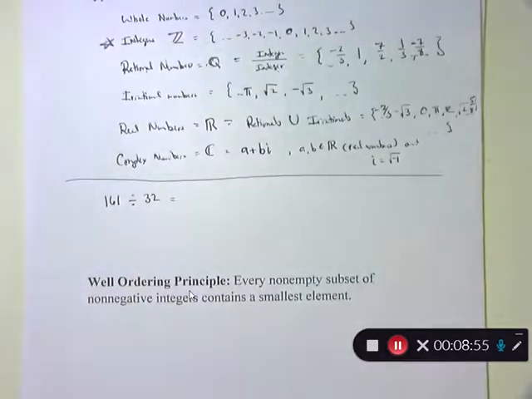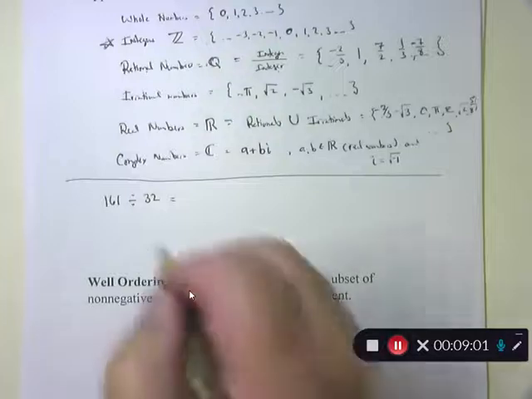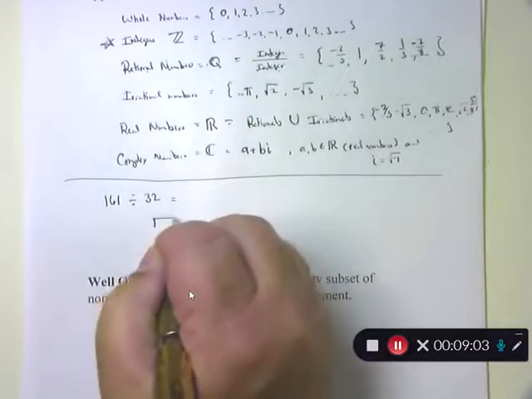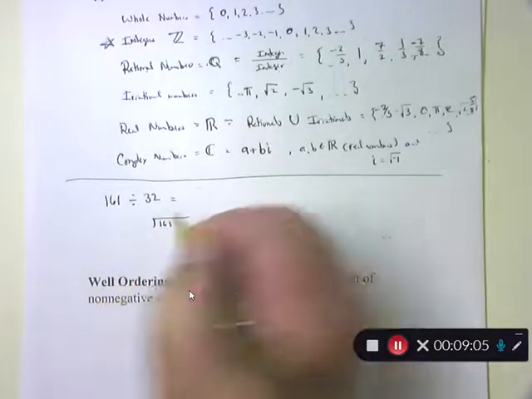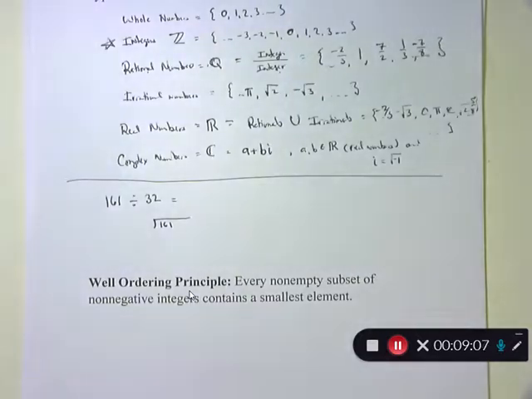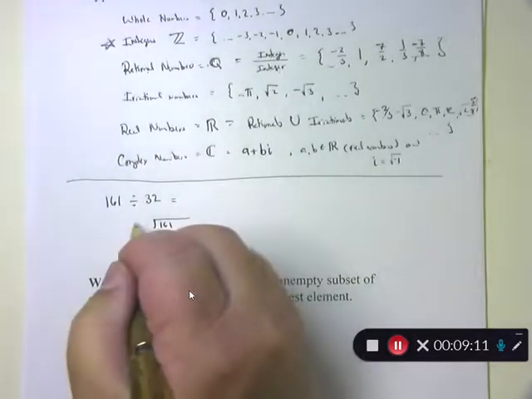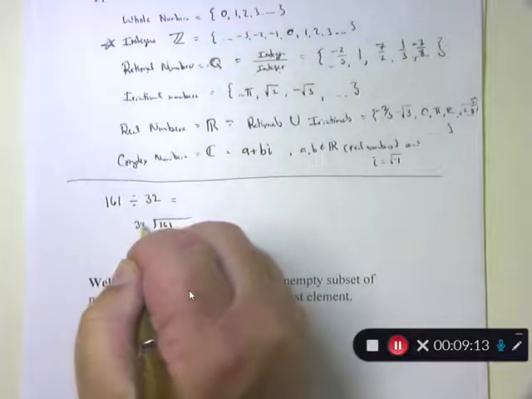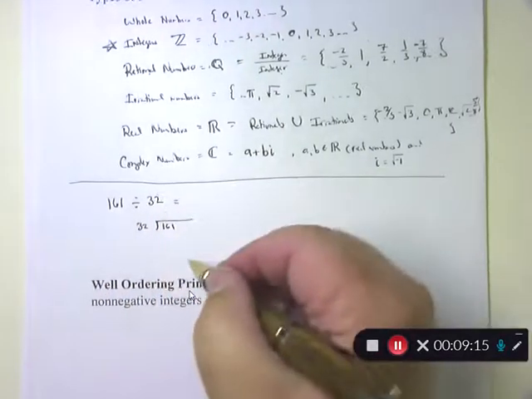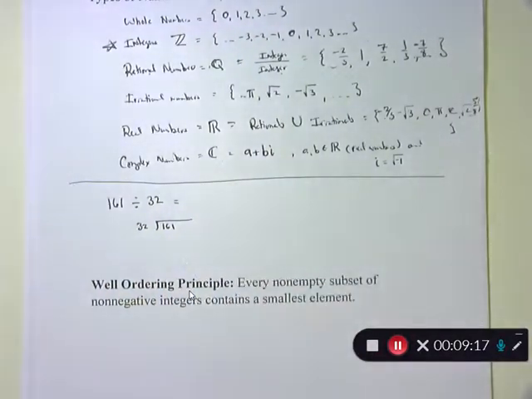Well, we're going to go old school on this one. If I have to take 161 divided by 32 and I don't have my calculator with me, I'm just going to have to use old long division here. 161 is my dividend, my divisor is 32. My quotient goes over here, and maybe or maybe not, I'll get a remainder.